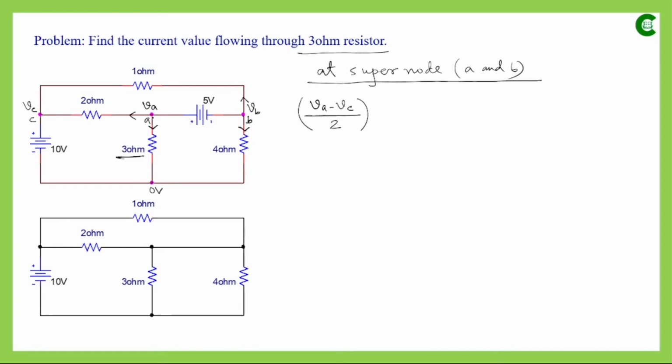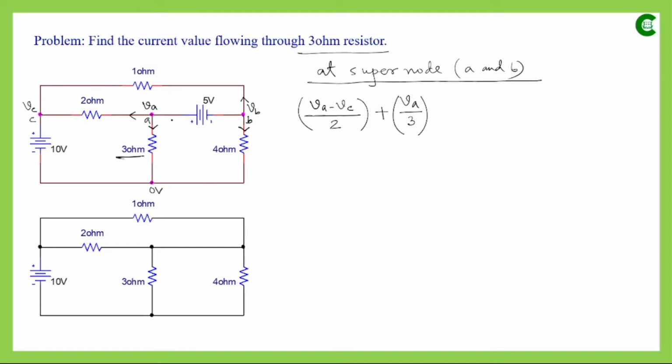Now if we consider this other resistor, this is at higher potential as per the assumed current direction, and 0 is at lower potential with respect to VA. So the current value will be VA minus 0 divided by the resistance of that path, and this will be added because it is also an outgoing current with respect to that node. It will simply be VA divided by 3.